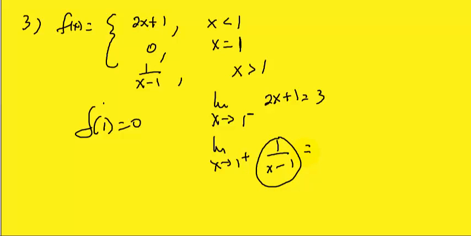You're going to put in something really close to 1, like 1.0001. You're going to get positive infinity, that means it's going to have a vertical asymptote. It's non-removable discontinuity.